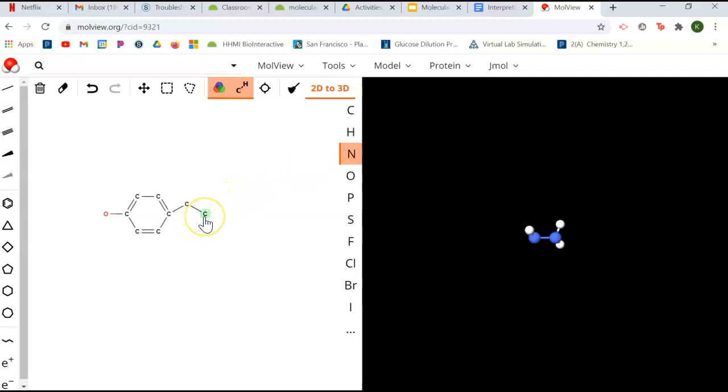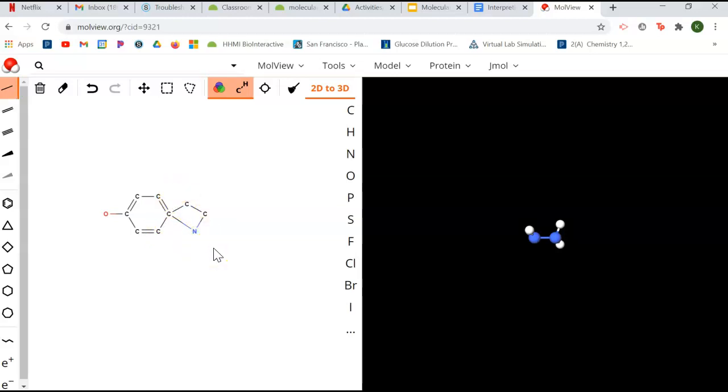I'm going to click and drag the nitrogen. All right, and then to combine those two together, if I click and drag, it's going to give me another one of the nitrogens. I'm going to take this single bond and tie it together. There we go, and make sure you drag the whole way.